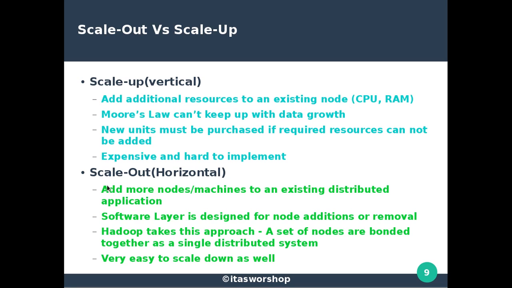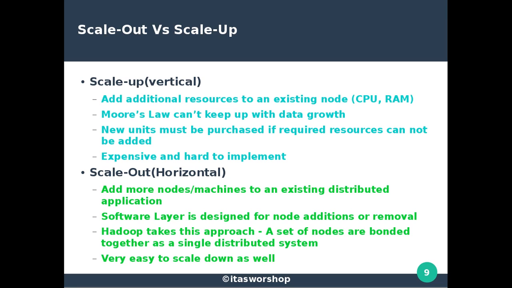And when we talk about Hadoop, Hadoop is not just making one machine more powerful, but bringing in another node, adding more nodes and machines to an existing distributed application. That is easy, and you can easily scale out, you can easily scale your architecture. You just need to add nodes. It can be 2 nodes, 5 nodes, 10 nodes, 50 nodes, like that.